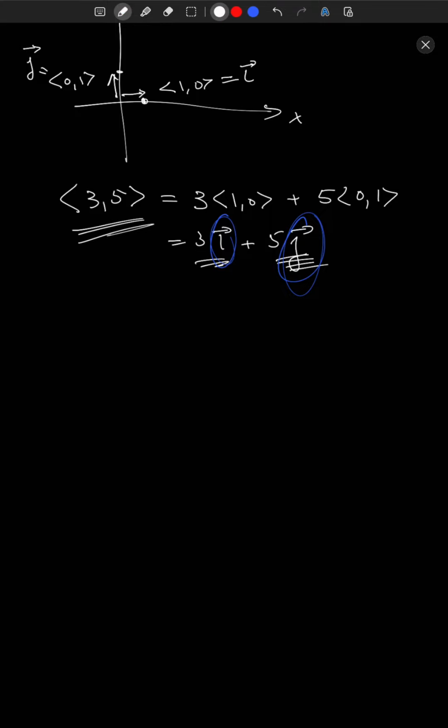We're not going to be using these too much in our class, but it's very standard notation. If you work with vectors in the future in calculus or in physics, you'll certainly be using this notation. By the way, one way to phrase this is we've written the vector 3 comma 5 as a linear combination of i and j.